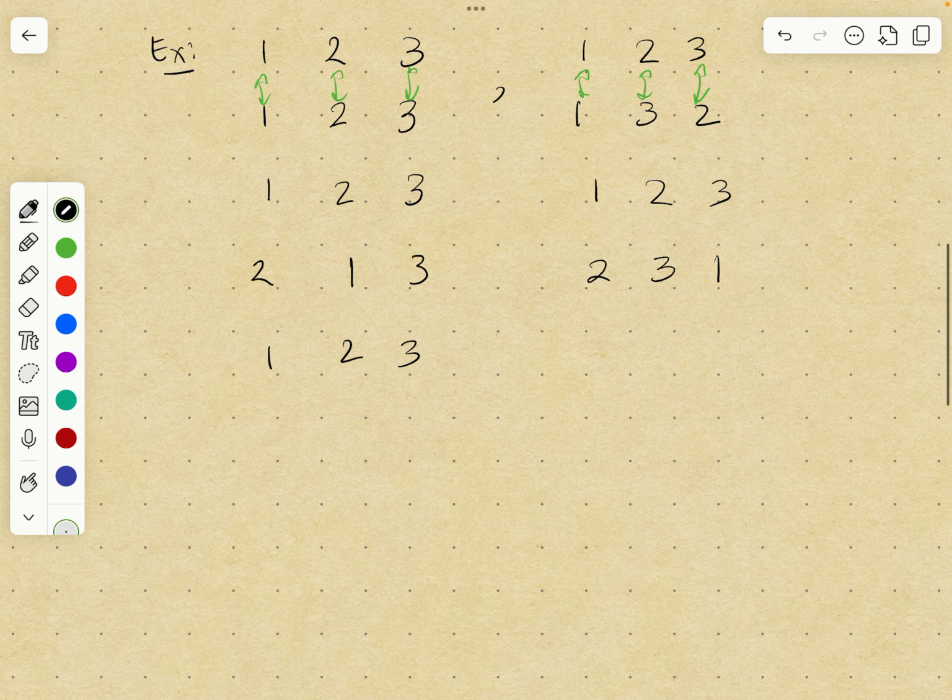And then there's 2 more possibilities. If 1 goes to 3, then 2 and 3 have to go to 1 and 2 in some order. So you can have 2 go to 1 and 3 go to 2. Or you can have 2 go to 2 and 3 go to 1. And this is all the possible permutations of 1, 2, and 3. So there's a total of 6.